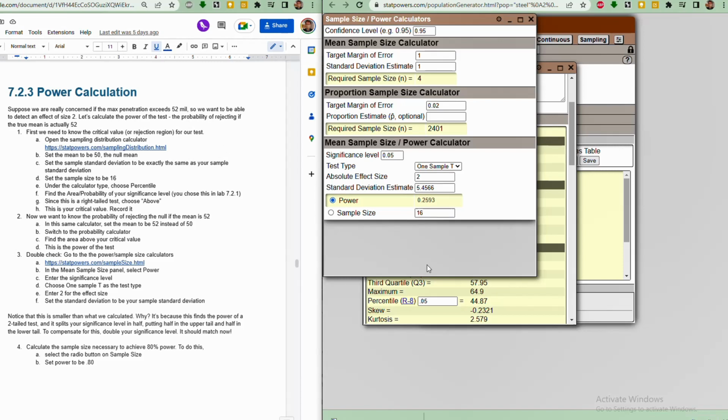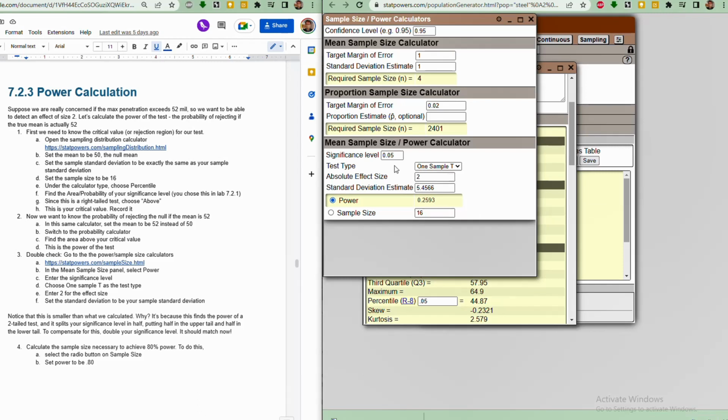What this is telling me is that for a two-sided test with a significance level of 0.05, if the true difference was 2 with a standard deviation of such, I would have a 26% chance of rejecting the null hypothesis.